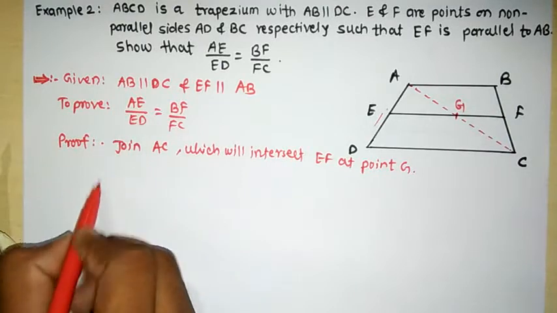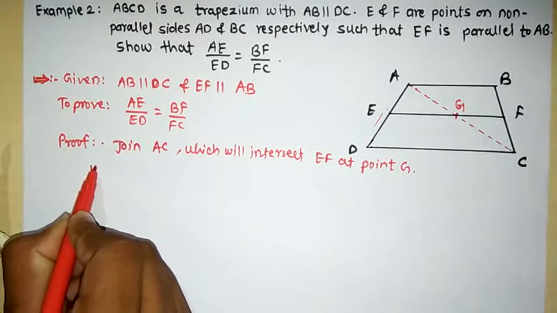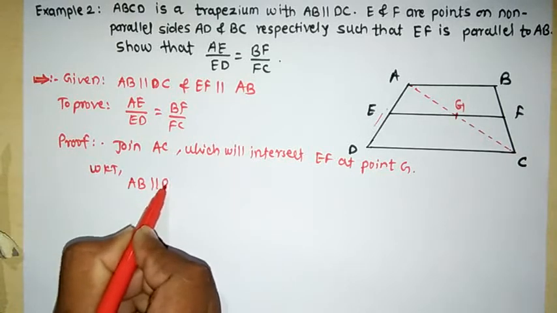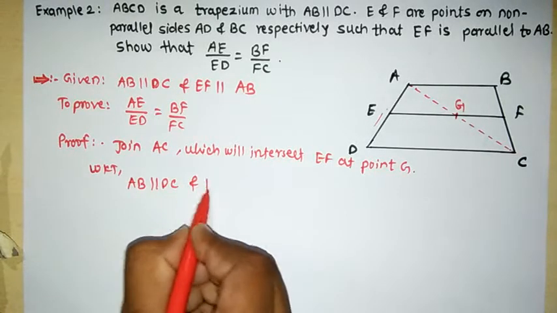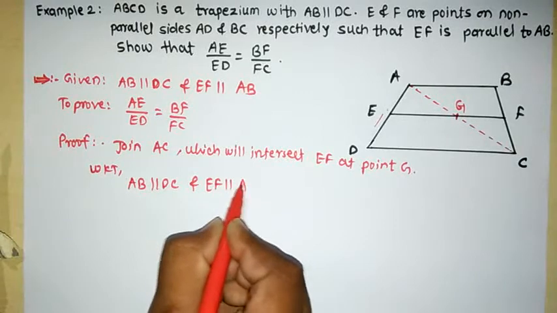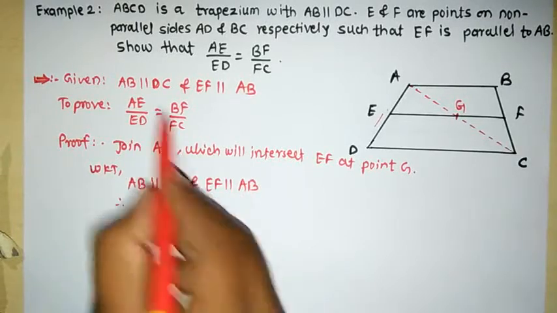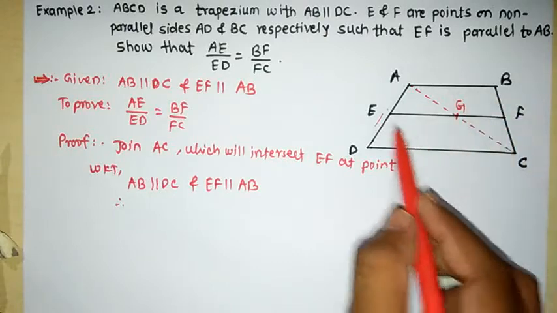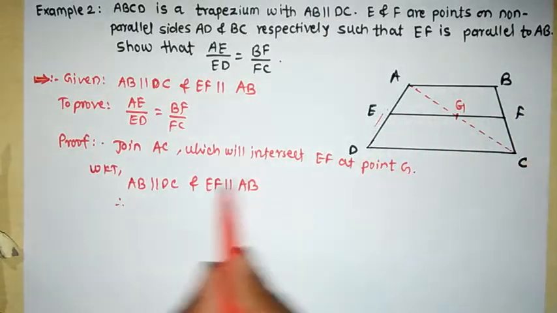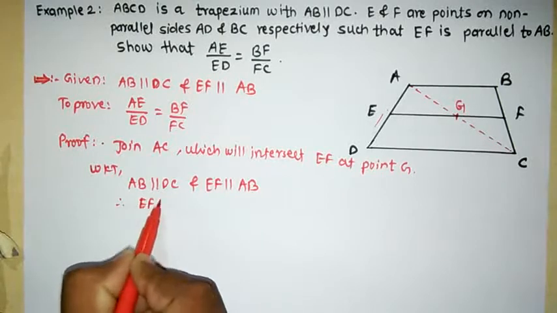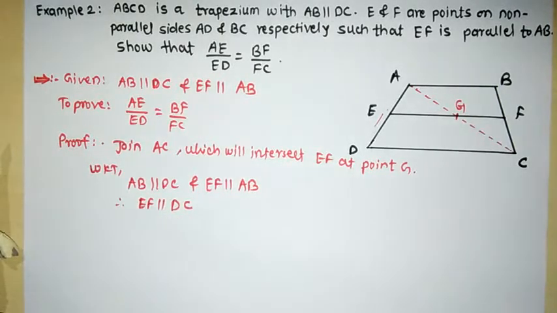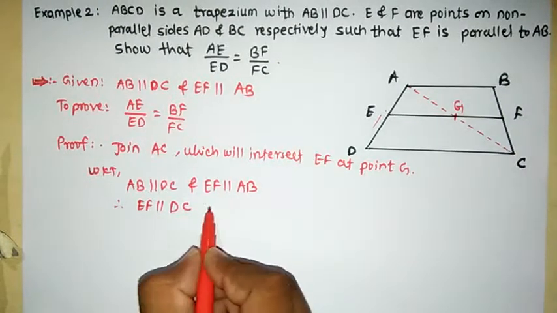Now see here, we know that AB is parallel to DC and EF is parallel to AB. Therefore AB, DC को parallel है and EF is parallel to AB. Then can we say that this EF is parallel to DC? Therefore EF is parallel to DC. We can say this. What is the reason?